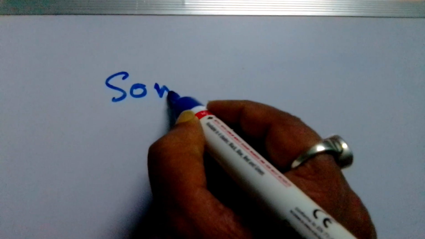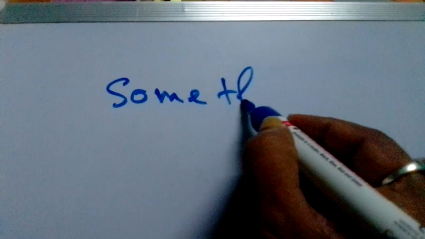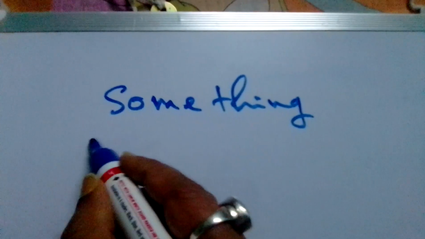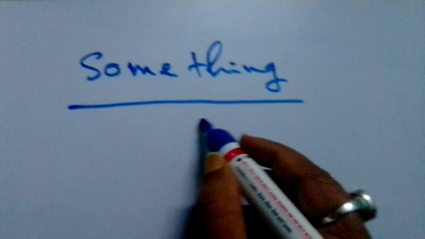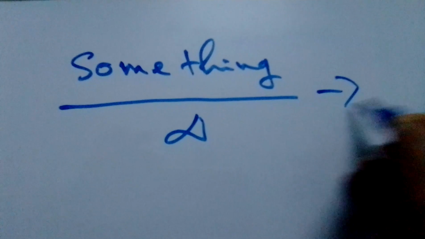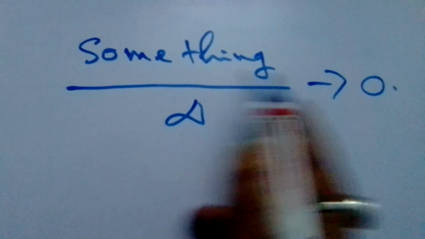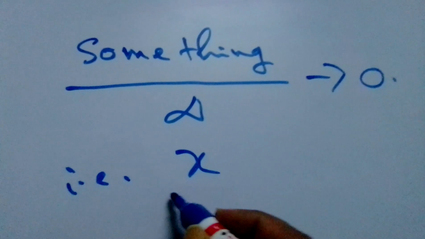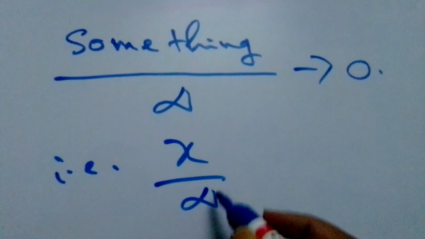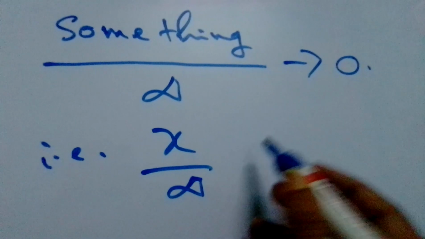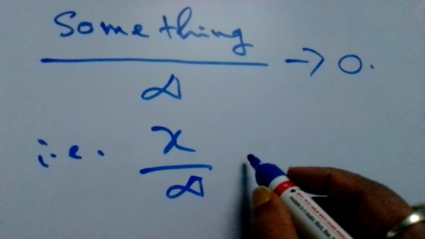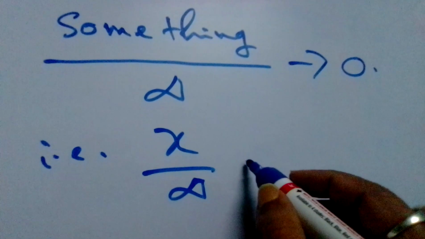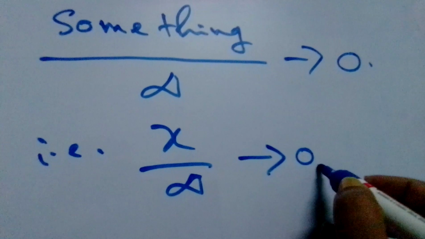So this question arises: mathematically, some quantity by infinity also tends to 0. Something means here any element, say x, some quantity, and x tends to any number, whatever the number is, and that will tend to 0.